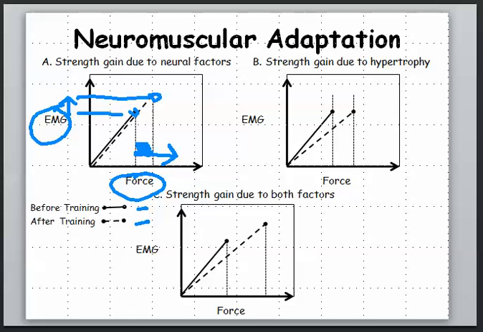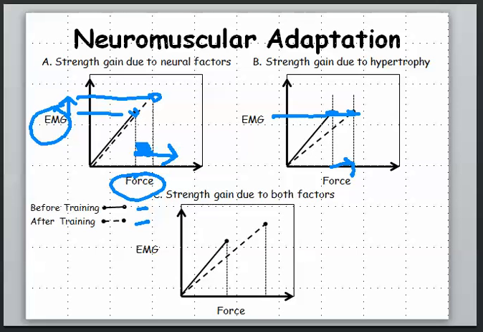And we can compare this to B, which is a strength gain due to hypertrophy or potentially hyperplasia. Again, we see this increase in force from here to here. Then we want to see if there's an increase in EMG, and these look like they're about at the same EMG level.